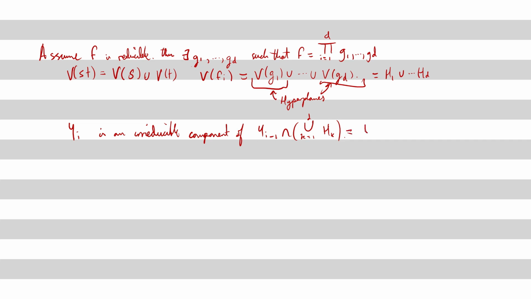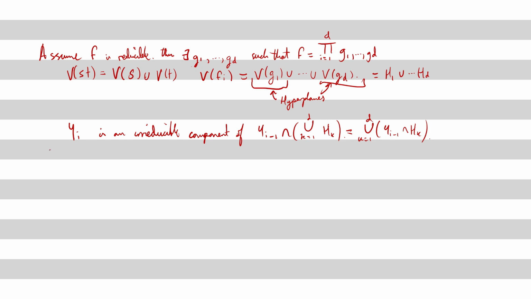There is some index k such that Yi is fully a subset of Y(i-1) intersect Hk, because it's irreducible.